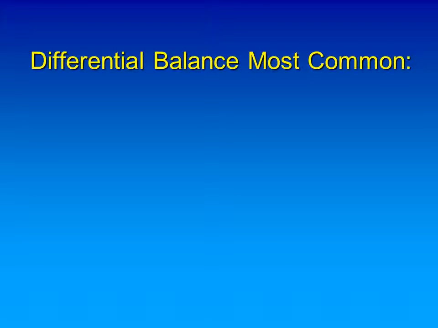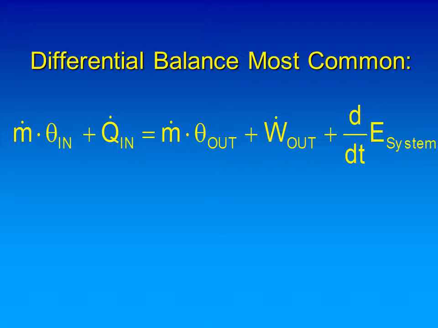Differential balance, the most common, and I like these. We have, first of all, the mass flow times the energy per mass coming into the system plus any heat that may come in equals mass flow times the energy per mass out plus the work out per time plus the change with time of the energy of the system, d/dt of E of the system.